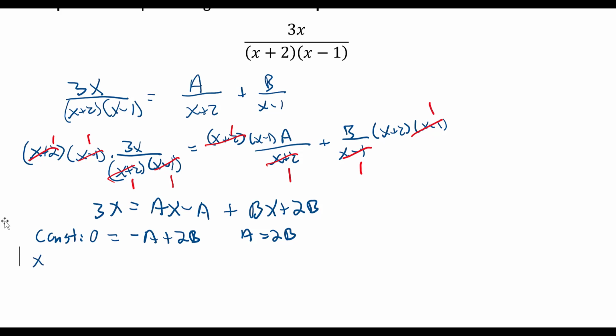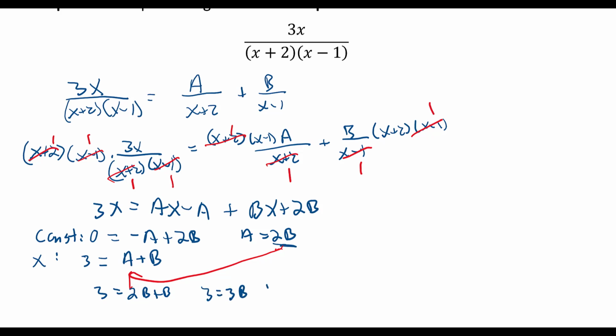So for our x coefficient, we have 3 on the left, and on the right we have A plus B. Okay, so if 3 is A plus B and A is 2B, I could take 2B and put it in place of the A. So I have 3 equals 2B plus B. So 3 equals 3B, so B must be 1. And if A is 2B, A must be 2 times 1, which is 2.